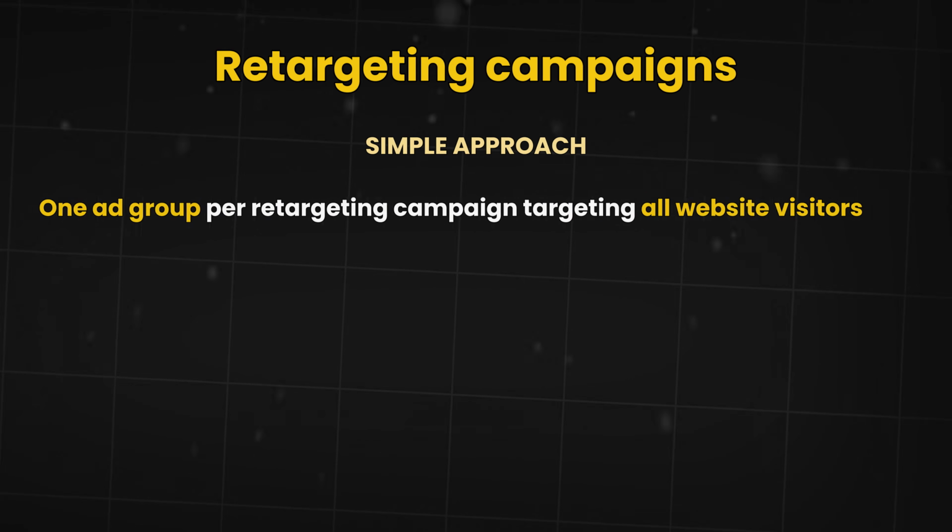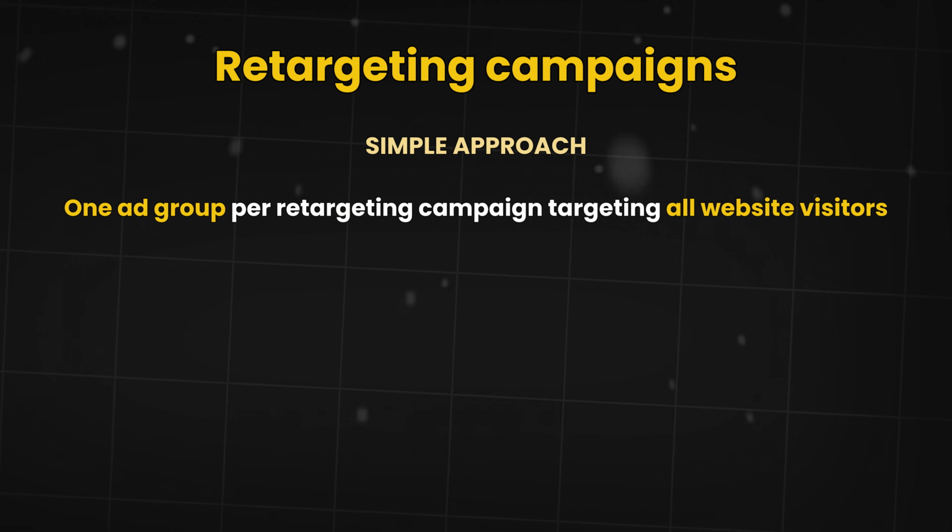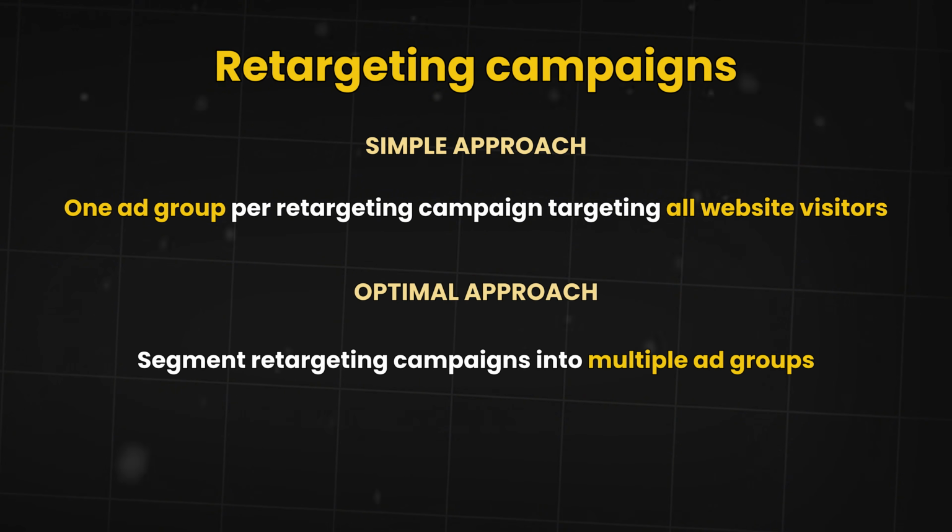You can also retarget video viewers or people who have engaged with your content in other ways, but website visitors will almost always be your most valuable retargeting audience. Now, if you're looking for a simple approach, you can just have one ad group in each retargeting campaign, targeting all your website visitors. However, if you have the capacity and sufficient data, the optimal approach is to segment your retargeting campaigns into multiple ad groups.